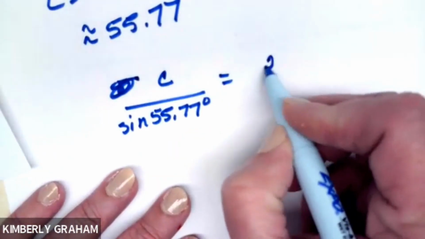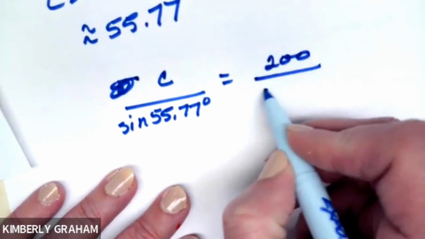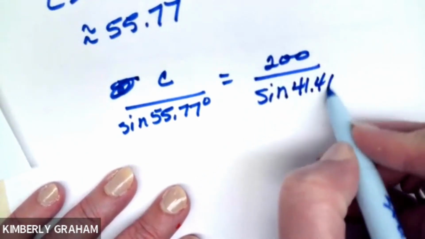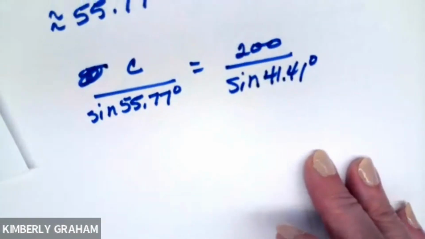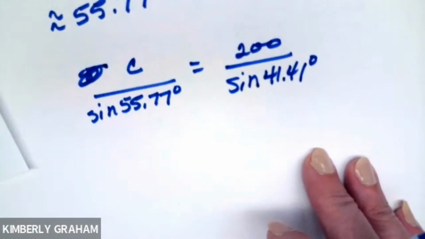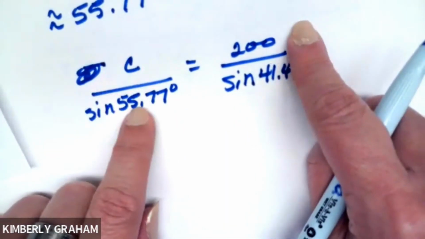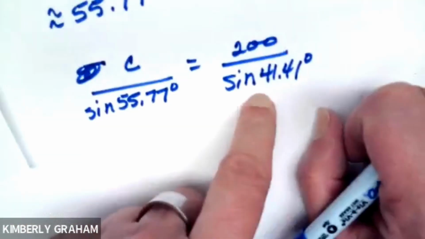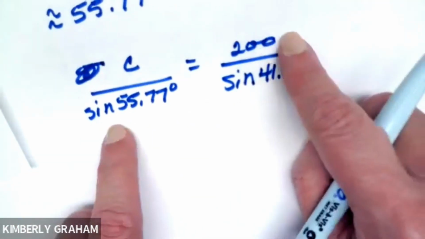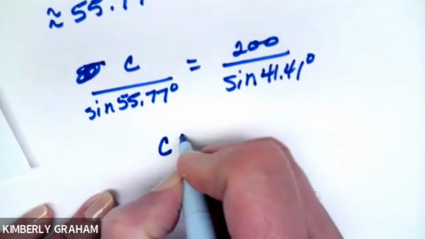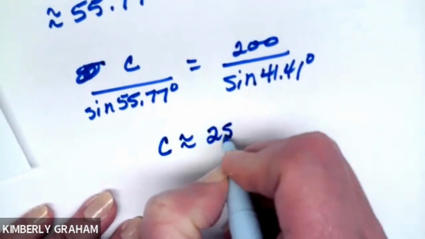So I would say this is 200 over the sine of 41.41 degrees. Now, when you're solving that proportion, cross multiply and divide. That means you're going to multiply the two numbers that are diagonal. So 200 times sine 55.77 divided by your third number. Right? Multiply these two, divide by sine 41.41, and you get this side to be approximately 250.